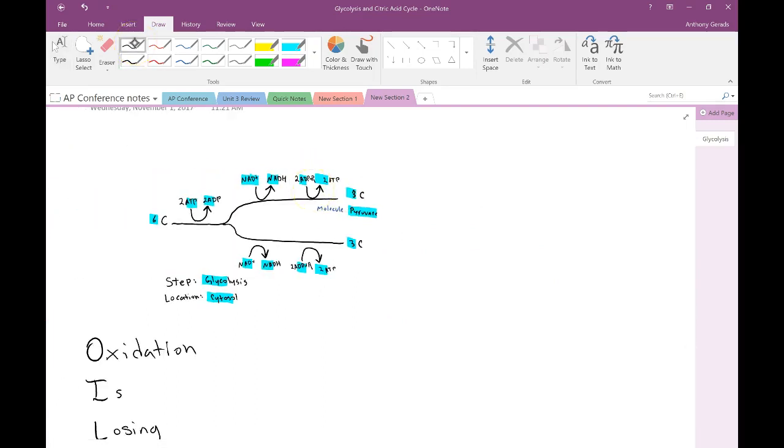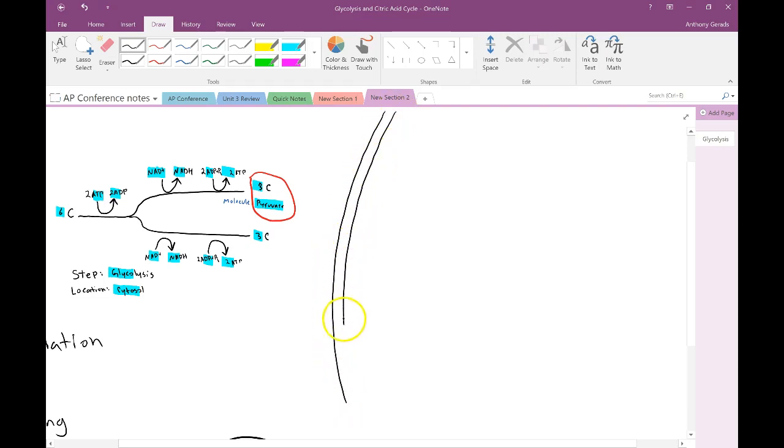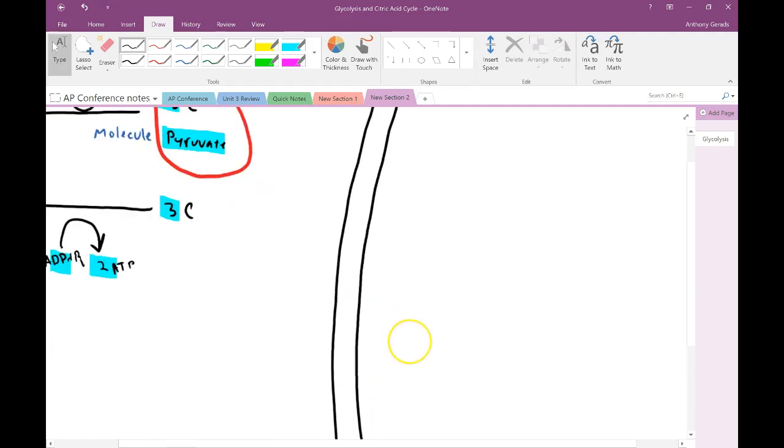So buckle up, niños. The biggest thing we're starting out with today is this molecule right here. We're starting out with pyruvate. All right? So what we've got to do now is, I've got this. What I just drew right here is the outer membrane.